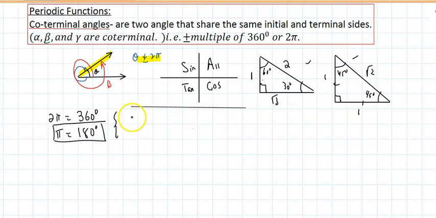If I divide by pi both sides, I'll get 1 radian equals 180 degrees divided by pi. If I throw that in my calculator, that's roughly 57 degrees.